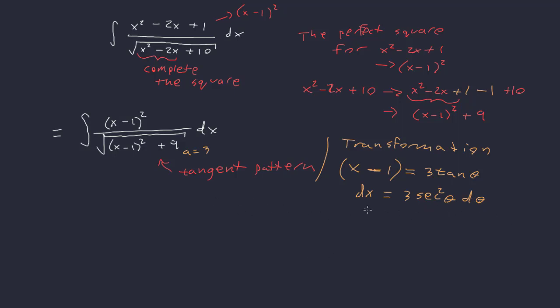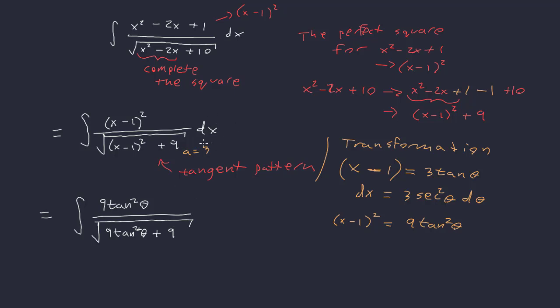And so now not only does this mean that x minus 1 all squared becomes 9 tangent squared theta, we can put that here and here up top. So our new integral becomes 9 tangent squared theta on top, then underneath the square root, we get 9 tangent squared theta plus 9.